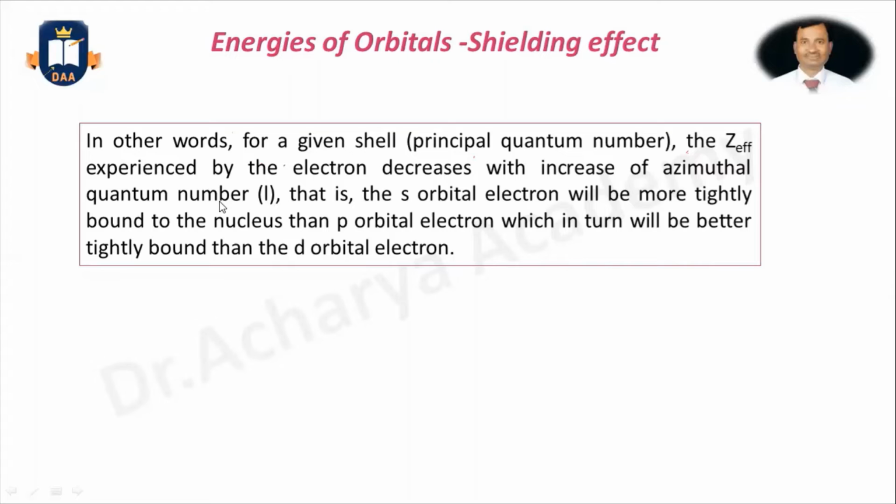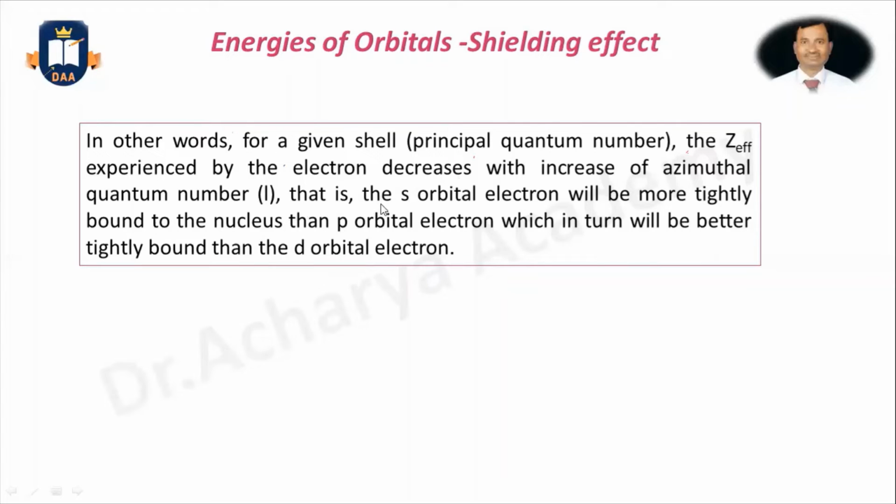So with increasing azimuthal quantum number, Z effective, that means the effective nuclear charge, decreases with the increase of this azimuthal quantum number l value.